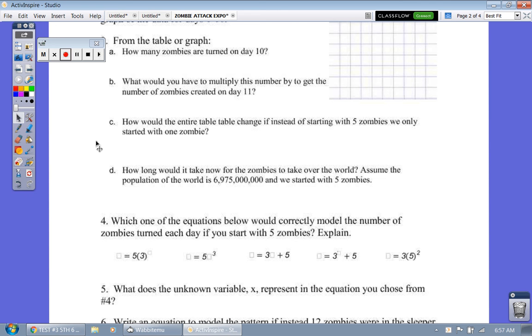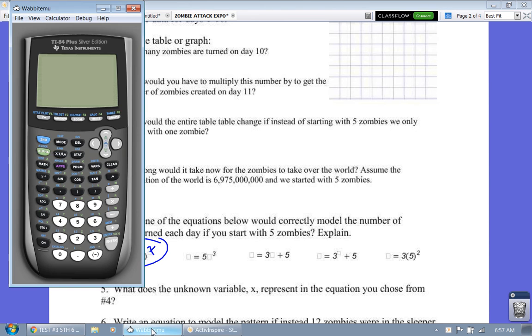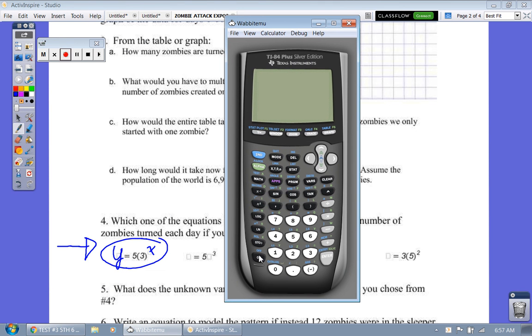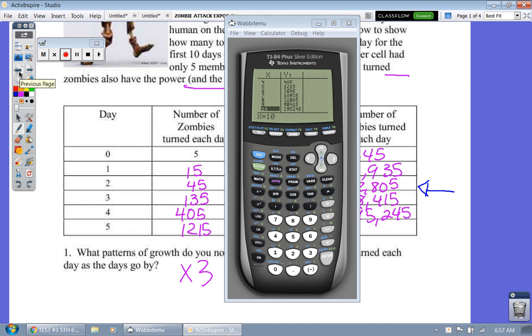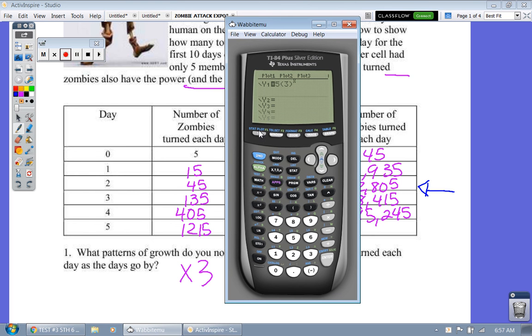So let's jump down to question 4. Which of the equations below correctly models the information from the table? It's this equation here, y equals 5 times 3 to the x power. I already have that equation in the calculator. If I go back to my table, you will see that the data matches up, like day 4, 405, day 5, 1215. So that is the correct equation.